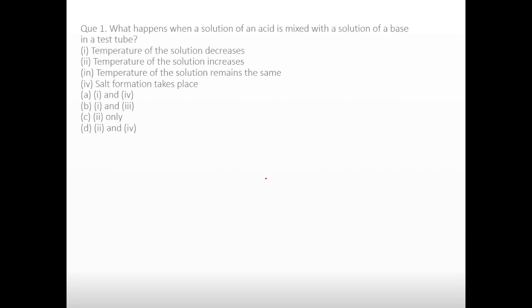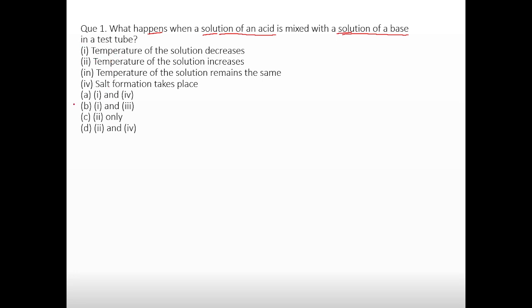Now the very first question is: what happens when a solution of an acid is mixed with the solution of a base in a test tube? There are four statements.